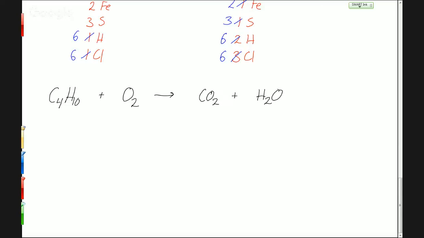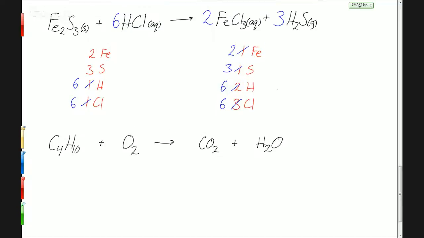See if you can balance that reaction. Do the same procedure. You're going to write down how many of each type of atom you have, and then keep stepping back and forth until you can bring them into balance. You'll also probably find that you'll run into a little problem with this one. See if you can figure out how to get around that problem when you get there.